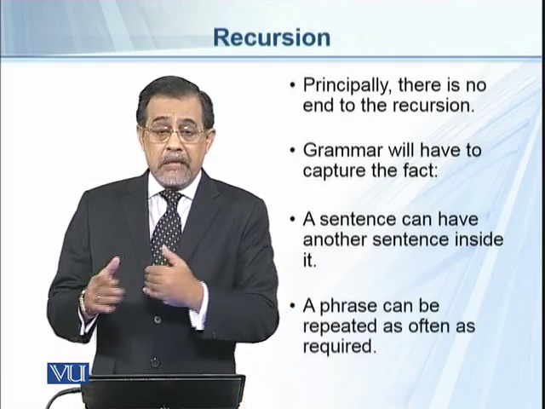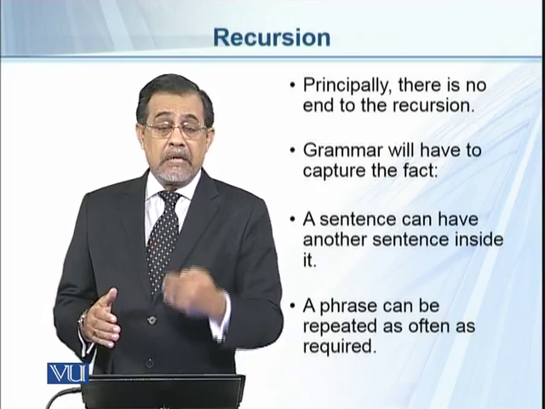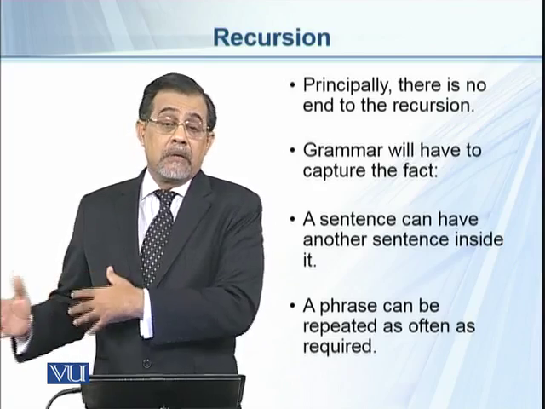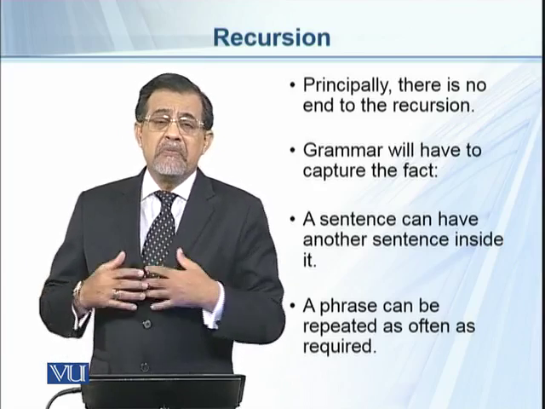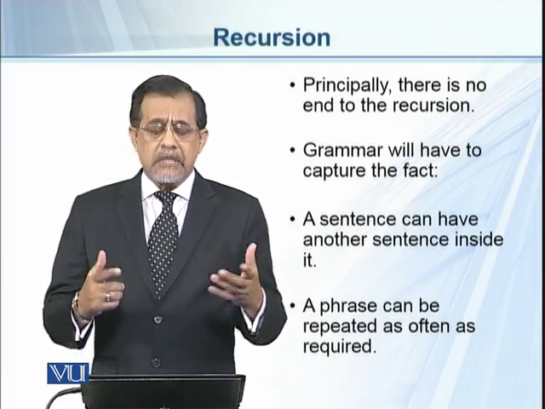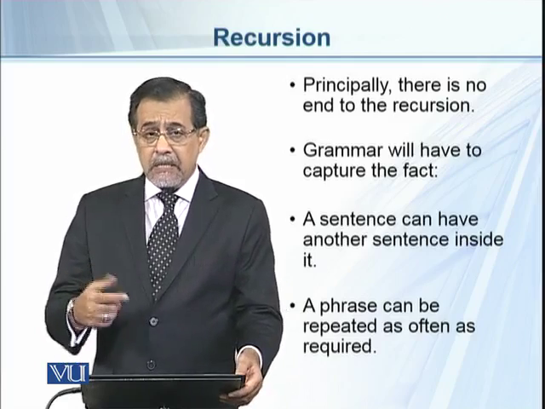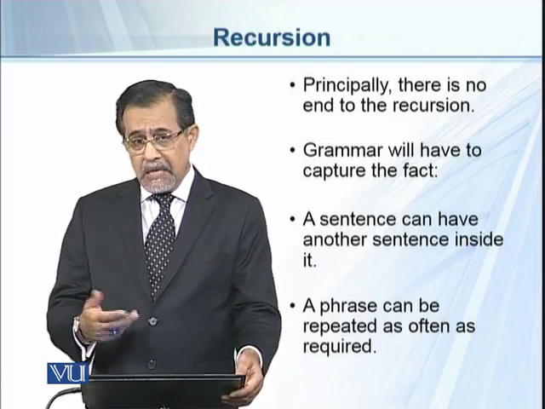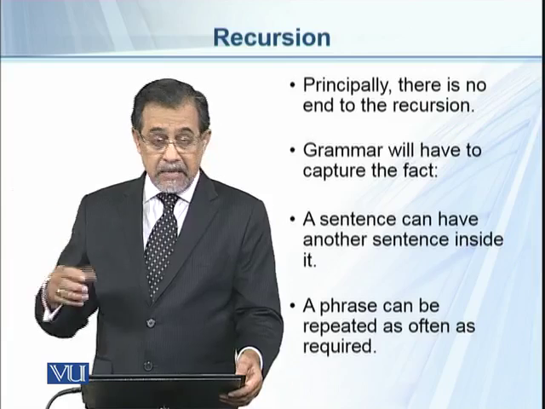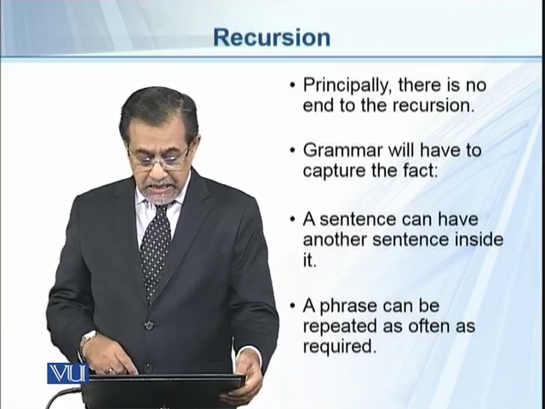As we said, we had the gun was in the room, near the window, inside the building. So this way we can make a very large sentence using a phrase again and again. And similarly, we can put one or more than 1, 2, 3, 4, 5, 6 sentences within a sentence.